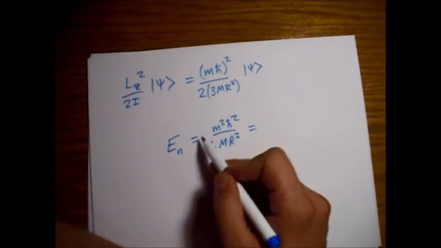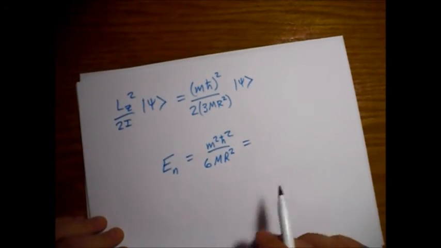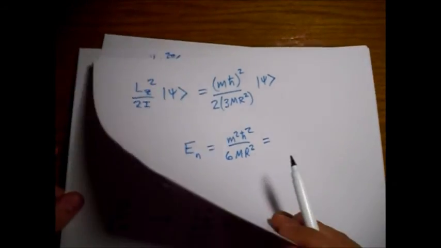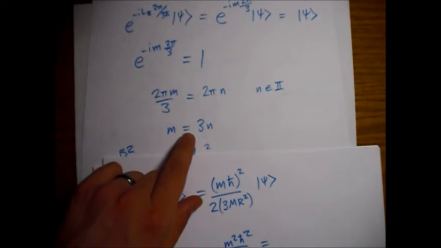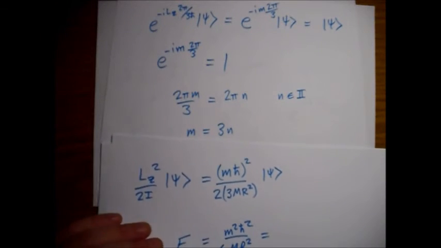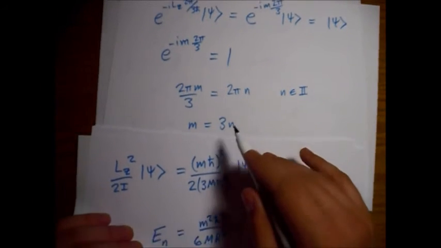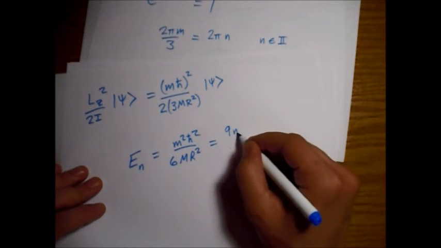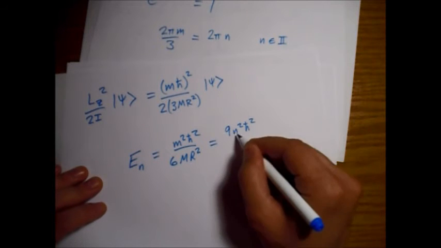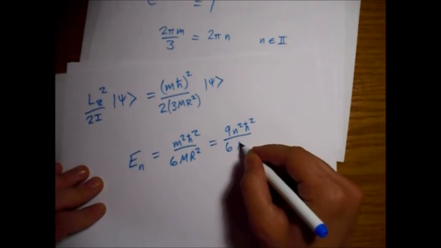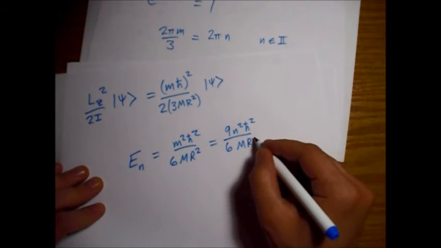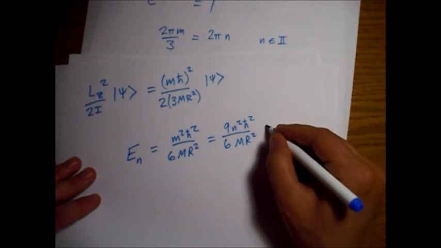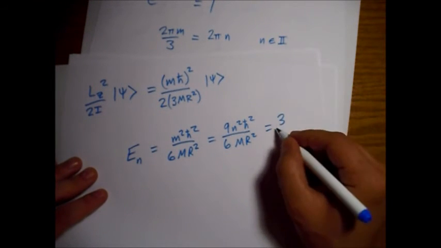We notice there's no n in this, only our little m. Now we go back to the restriction we found for our magnetic quantum number, 3n. So 3 squared is 9, n squared, h bar squared, over 6 big M R squared, or 3 over 2.